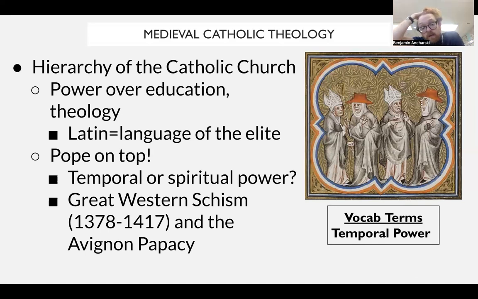Nobody is sure in this time period of the Great Western Schism who exactly is the Pope. So we see that the hierarchy of the Catholic Church is being questioned about whether they have just temporal power, power right now on earth, whether they have spiritual power, or whether they have any power at all, because they're not in the Bible.